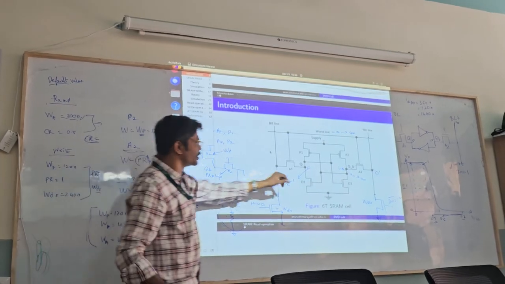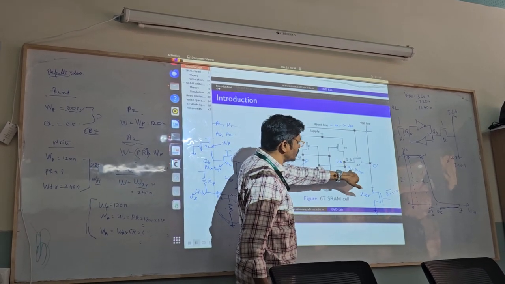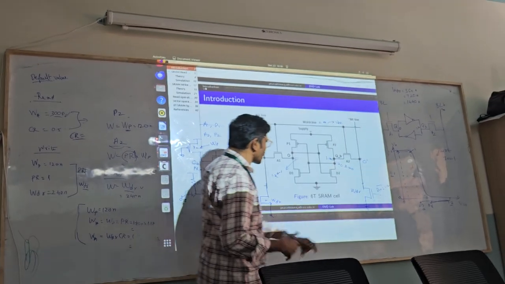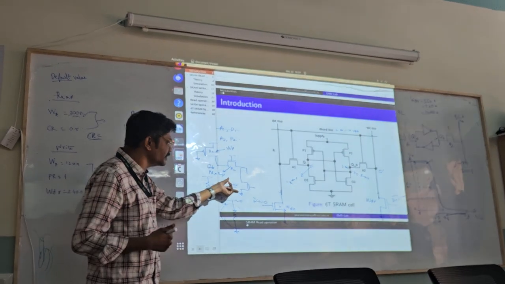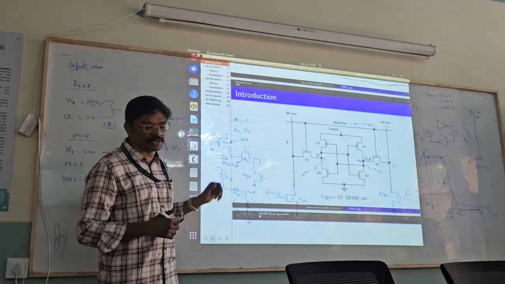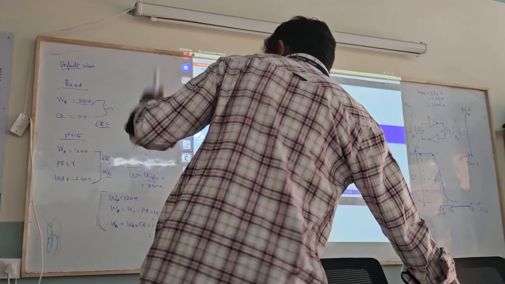Our goal is to bring this QB from 1.2 volt all the way to 0.3. Now we will see what different combinations of PR and WDR I am supposed to have in order to bring this node QB from 1.2 to 0.3. Clear? You have to pull it down.